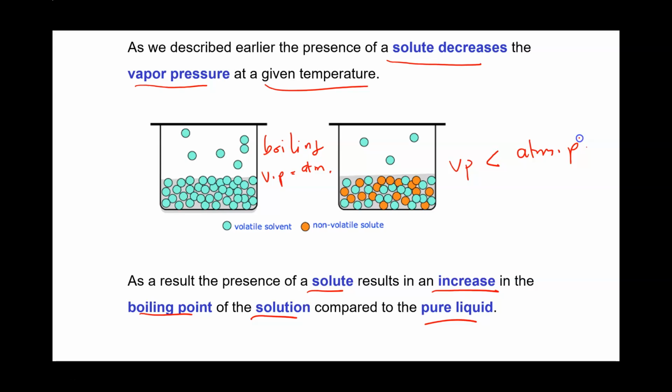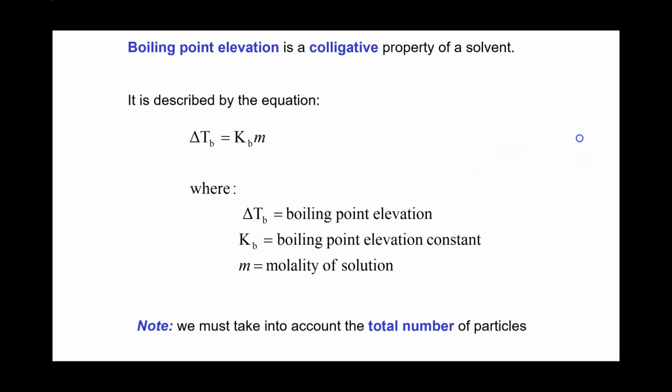So it'll stop boiling, and in order to get it boiling, we're going to have to heat it up a little bit more. This concept of boiling point elevation is a colligative property. It depends only on the amount of solute added, and it's described by this equation, that the change in the boiling point is equal to the boiling point elevation constant multiplied by the molality of our solution.